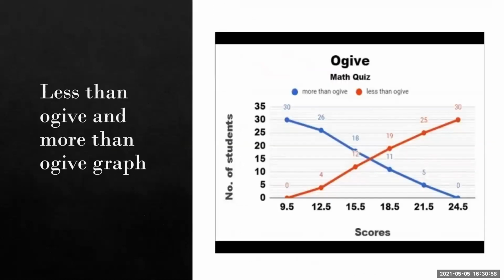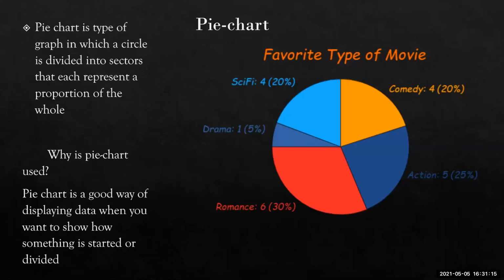Less than ogive and more than ogive graph. This is the graph of more than ogive and less than ogive. As we can see, the blue is the more than ogive and orange is the less than ogive. Pie chart.